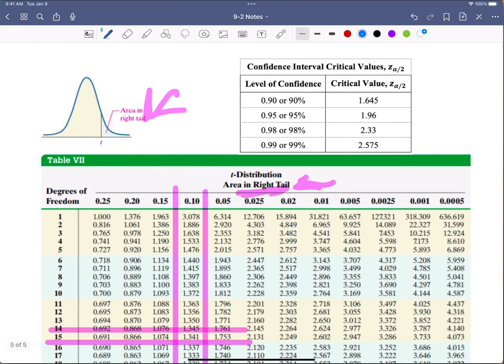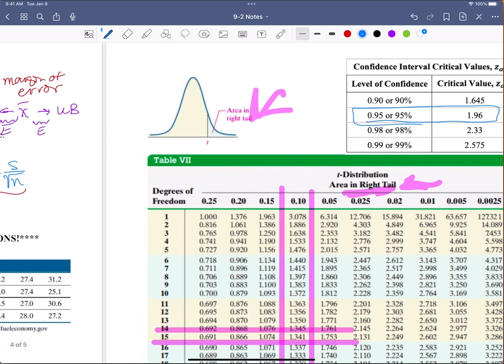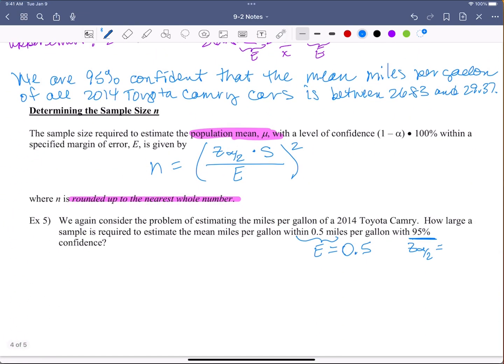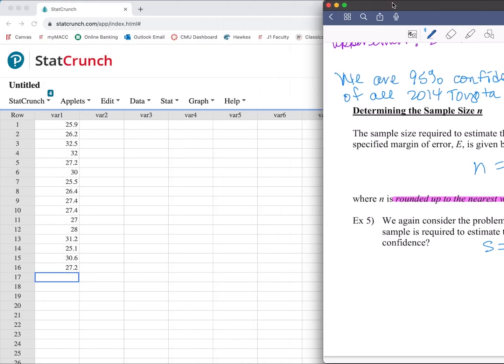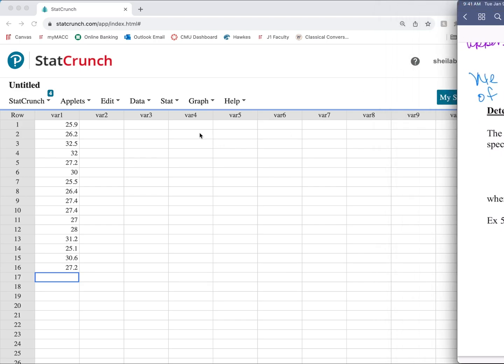I put our little critical value chart on here. 95% confidence is 1.96. Now the only thing that we don't have for our formula is our sample standard deviation. That we can go to StatCrunch for, just like way back in chapter 3.